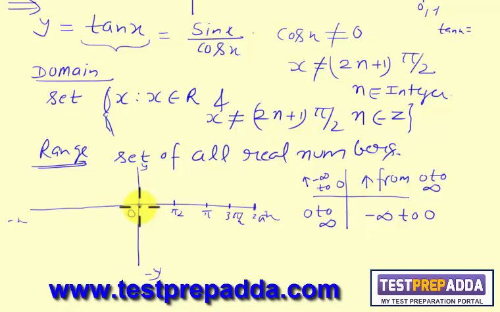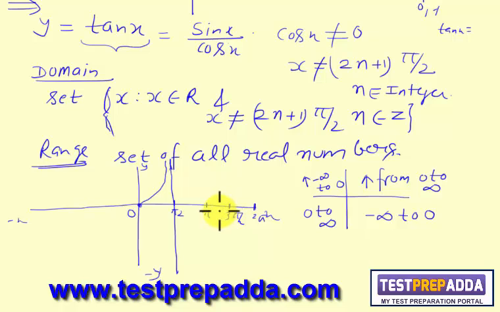And as we know, 0 to pi by 2, it increases from 0 to infinity. So you have to draw a vertical line here, and you have to show the graph going from 0 to infinity. It will become parallel to this line.